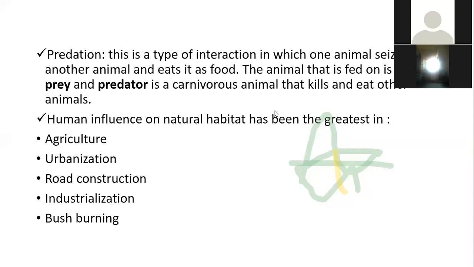Okay, the last point. Human influence on natural habitat has been the greatest in agriculture. So agriculture, we go to the farmlands. We either farm for farm produce or rear animals. So that is a medium through which we interact with our ecosystem. Two, urbanization, where we are all living in a particular environment, an urban zone environment.